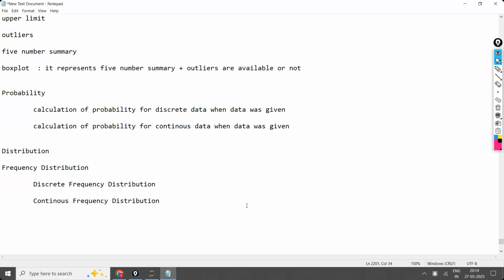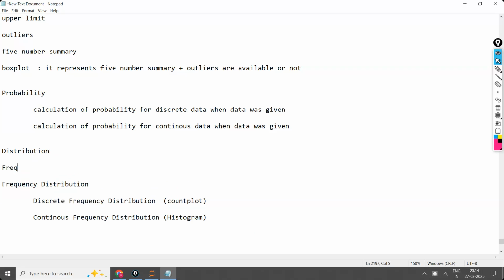The continuous frequency distribution is called a histogram, and the discrete frequency distribution is called a count plot. Before the frequency distribution, I told you the frequency table.